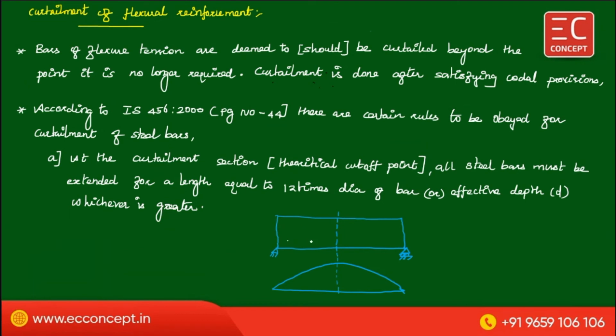This is the bottom reinforcement. The reinforcement shall be provided at the center, and you have to bend or curtail it beyond a certain portion. You don't want to put the entire steel up to the end. Why? Here the moment is less.